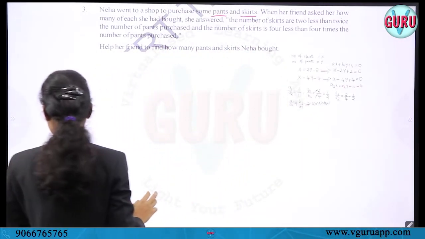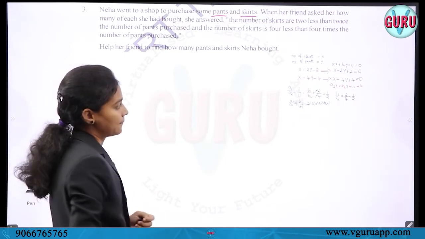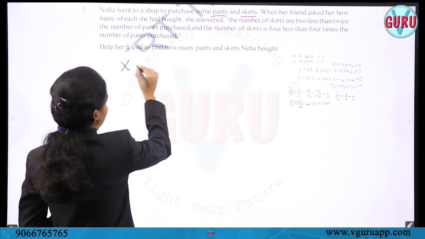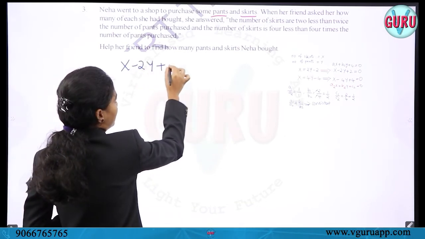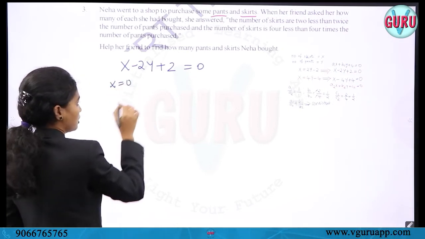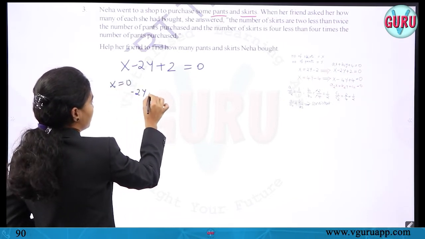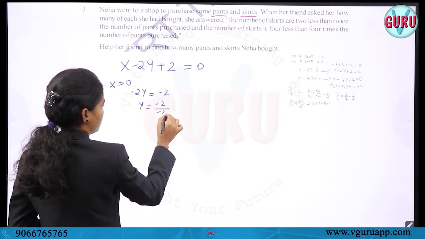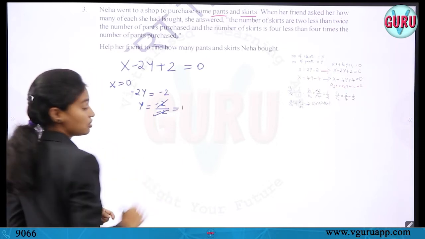Now I'll take the first equation, that is x minus 2y plus 2 is equals to 0. I'll put x is equals to 0. I'll get 2y is equals to minus 2. Y is equals to minus 2 by minus 2. On cancellation, this is equals to 1.